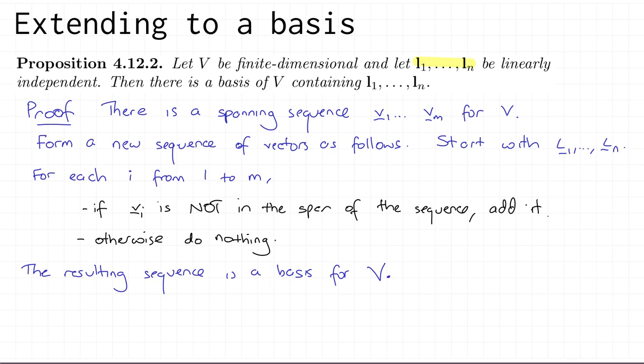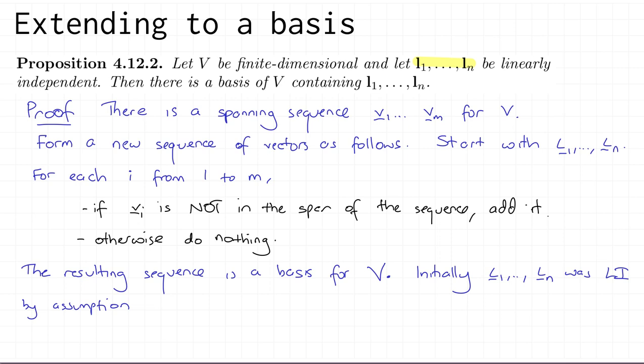Let's think about why the result is a basis. We have to show that it is linearly independent and that it is a spanning sequence. So we started off with a linearly independent sequence. We were assuming that L1 up to Ln was linearly independent. And at each step, either we did nothing, so our sequence remained linearly independent, or we added an element which was not in the span of the sequence.